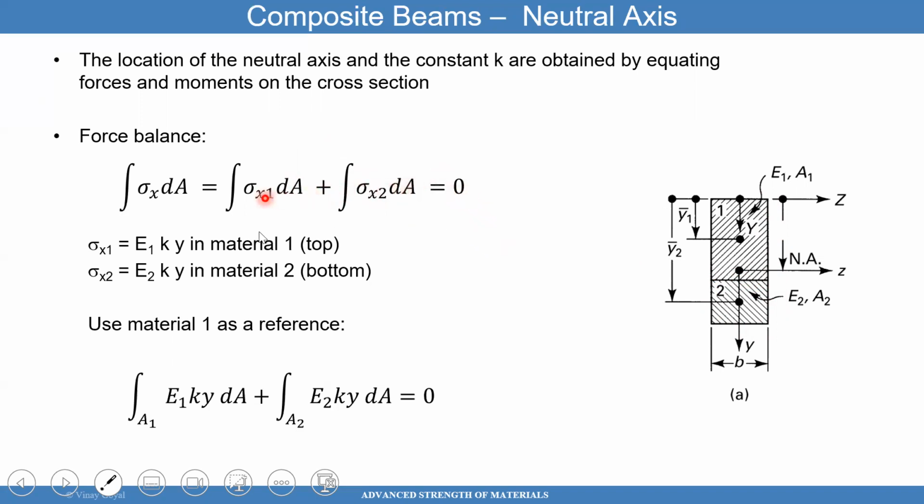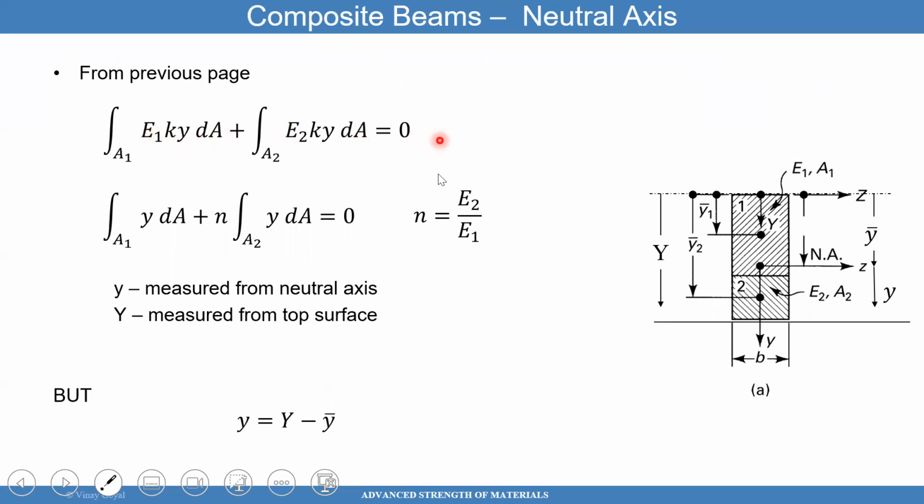So what I'll do, I know stress is equal to E1 times k times y, where E1 is the modulus of the top material, and k is a constant to be determined. I'll plug that in there, and I'll plug in that one in there. So I get this equation here, and I'll use material 1 as a reference, for which I'll transform any other sections that exist.